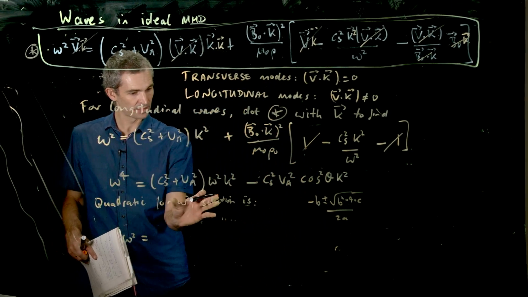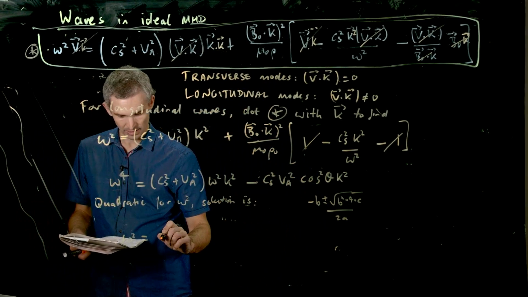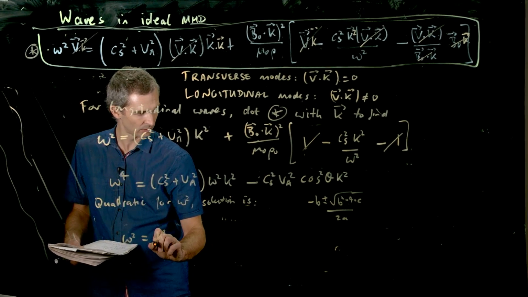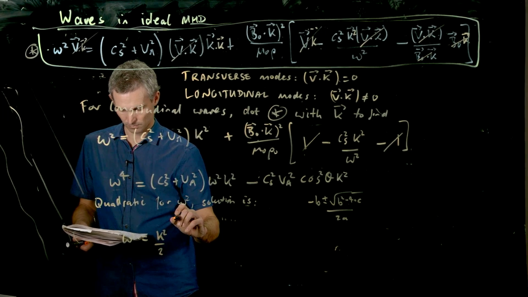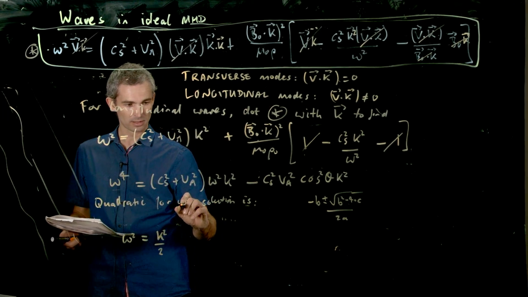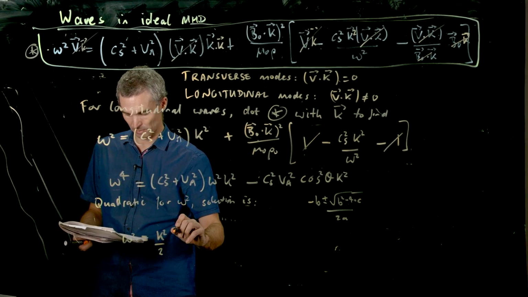So the b is this term, so that's going to give us a k squared on 2. That's a minus, so that becomes a plus here.